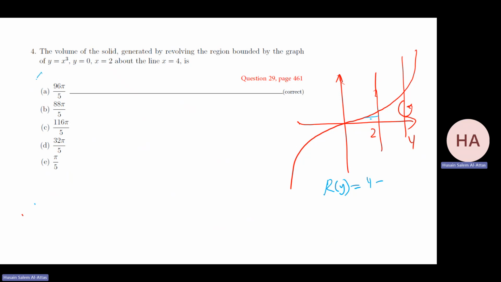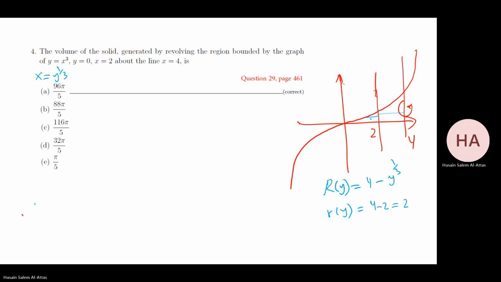Yeah, I need to write this in terms of y. It's x equals y to the power 1 over 3. So it's 4 minus y to the power 1 over 3. And the inner radius will be 4 minus, it will be what? Yeah. This is the outer, this is the inner. The inner is 4 minus 2, which is 2.